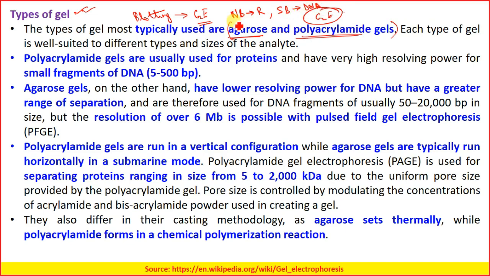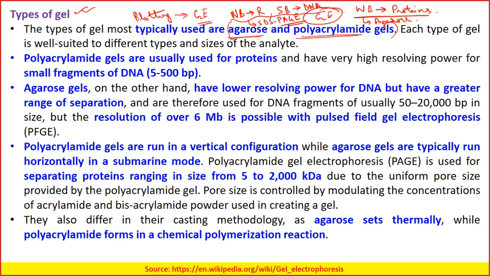And these two are performed on SDS page. SDS page is a type of polyacrylamide gel electrophoresis, whereas western blotting is conducted on proteins, and for western blotting we use agarose.